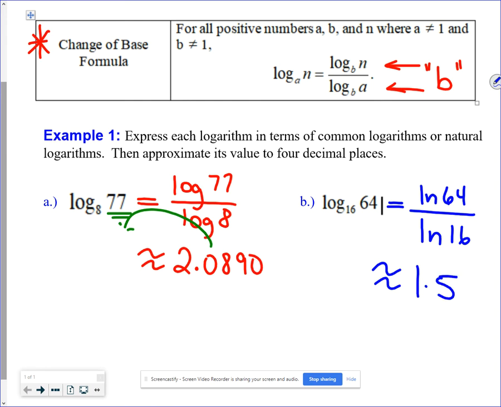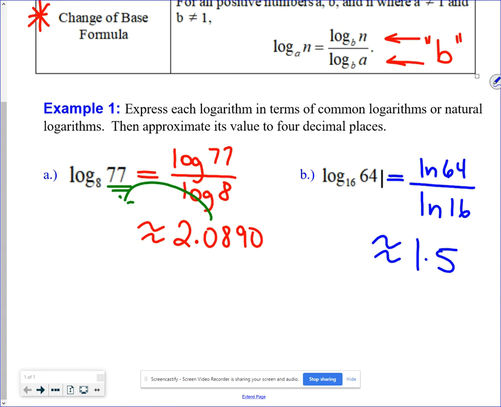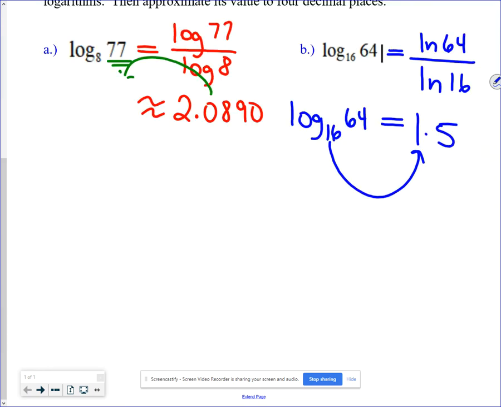And if you wanted to check it, you can check it. So what this is saying is, it's actually not even an approximation, it's actually 1.5. So instead of using the approximation symbol, we can put equals. So I could recheck this if I wanted to. You don't have to check these, I'm just showing you. So you could have 16 to the 1.5, which is what?